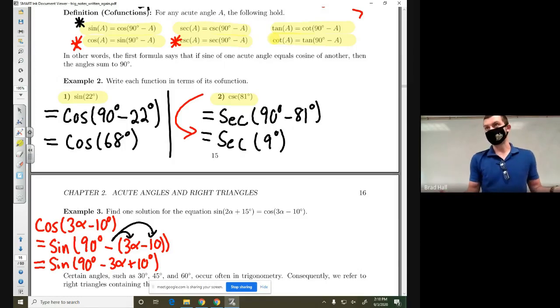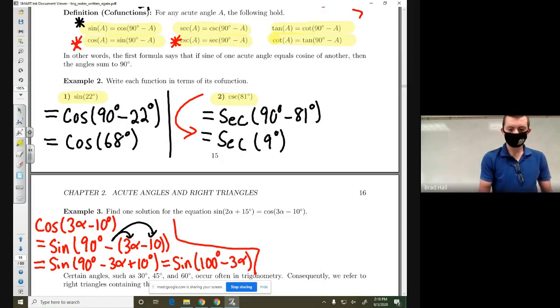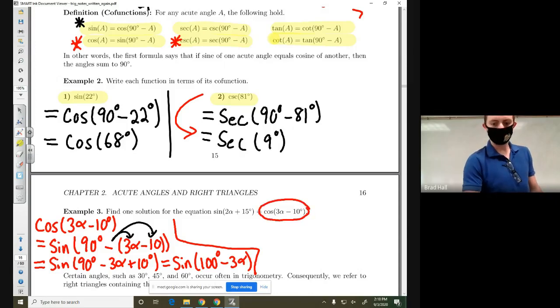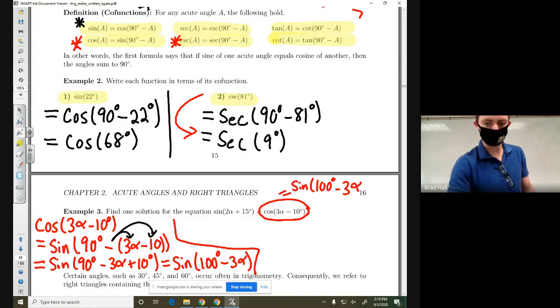I also see like terms, the 90 degrees and the 10 degrees. I can go ahead and throw those together right fast. And we have now rewritten cosine of 3 alpha minus 10 as sine of 100 degrees minus 3 alpha.